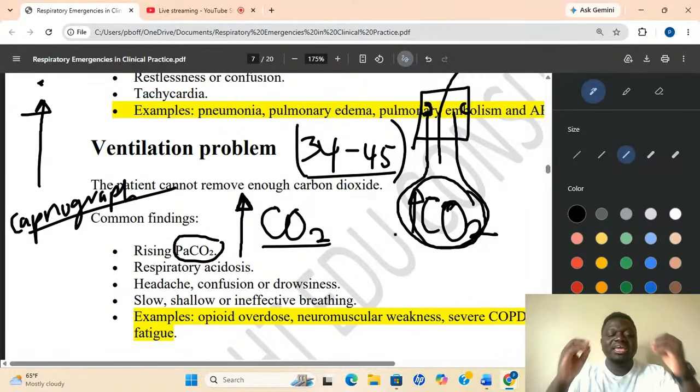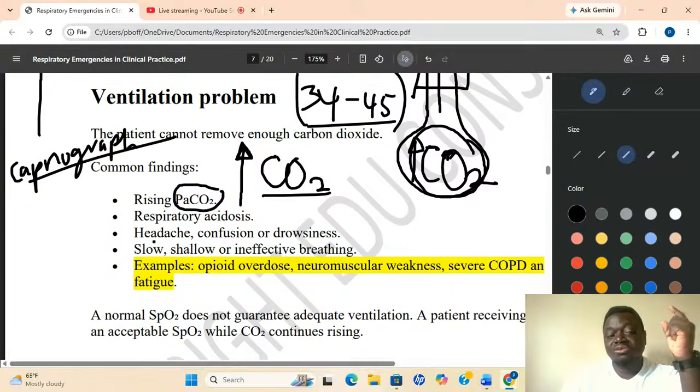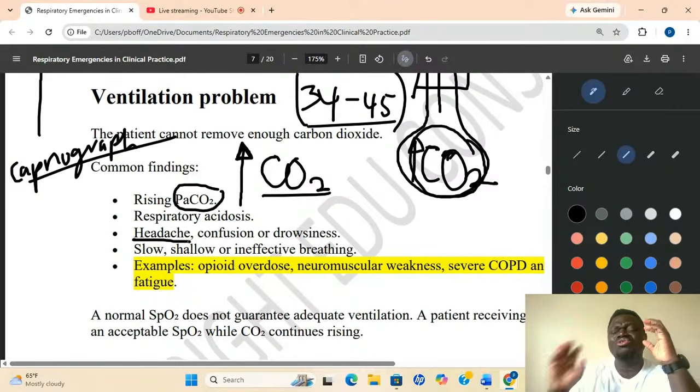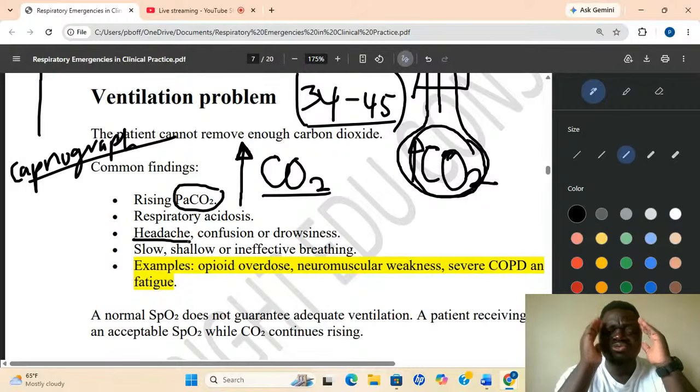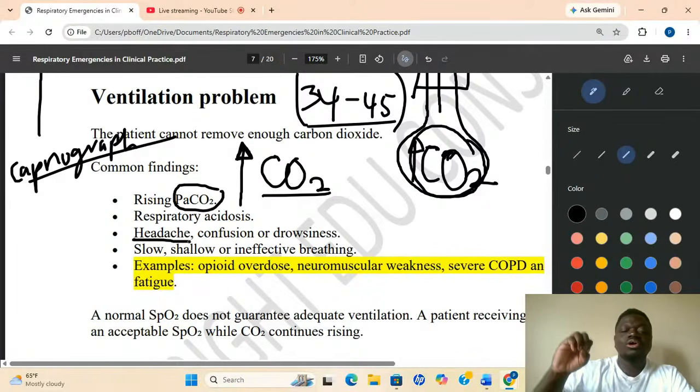What are the signs and symptoms the patient will exhibit? If they are conscious, they will start complaining of headache. That should tell you that we have a lot of CO2 going to the brain. Weakness or drowsiness. Shallow, slow, or ineffective breathing.